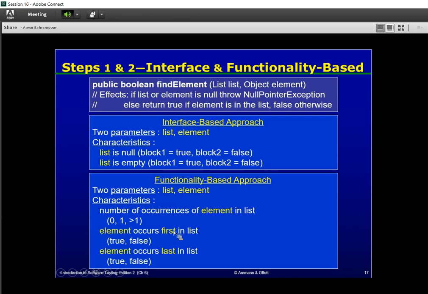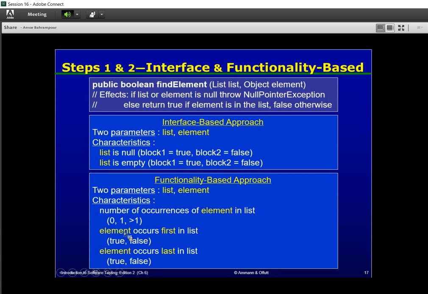We should check the first position of the list, first index of the list, and we should check the last index of the list. There are two critical positions in searching methods: first position and last position.